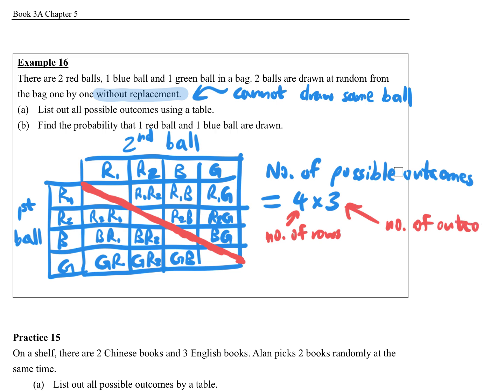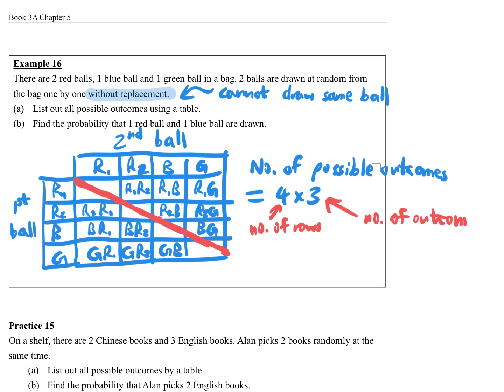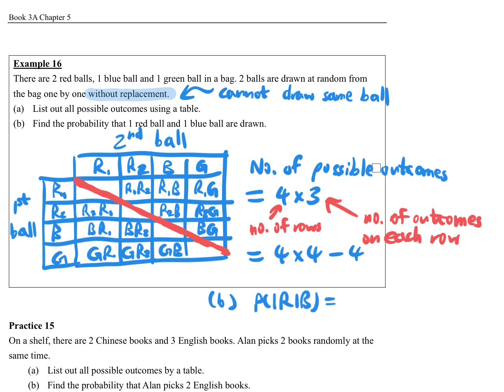This is basically just 4 times 3. Alternatively, you may count it more intuitively: 4 times 4, the whole table, minus the 4 options you removed. So in part B, it's the same thing. The probability of 1 red, 1 blue is, out of the 12 cases, 4 are favorable, so 1/3.